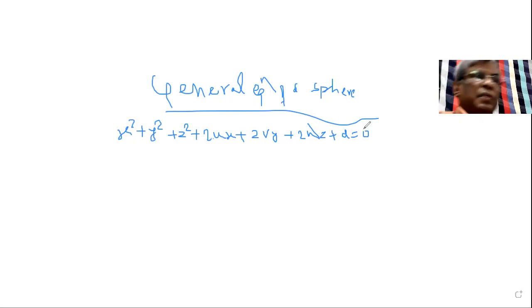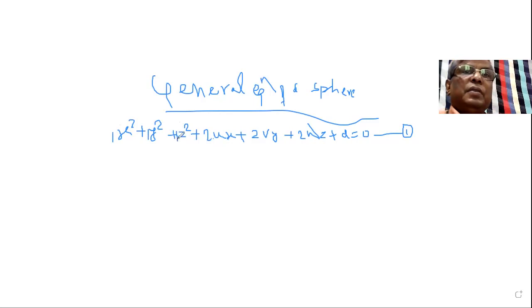This is the general form of the equation of a sphere. Means this is the general equation of a sphere, and if you are considering this as equation 1, then you should write further that equation 1 is called the general equation of a sphere, in which the coefficient of x square is 1, and the coefficient of y square is 1 and the coefficient of z square is 1.